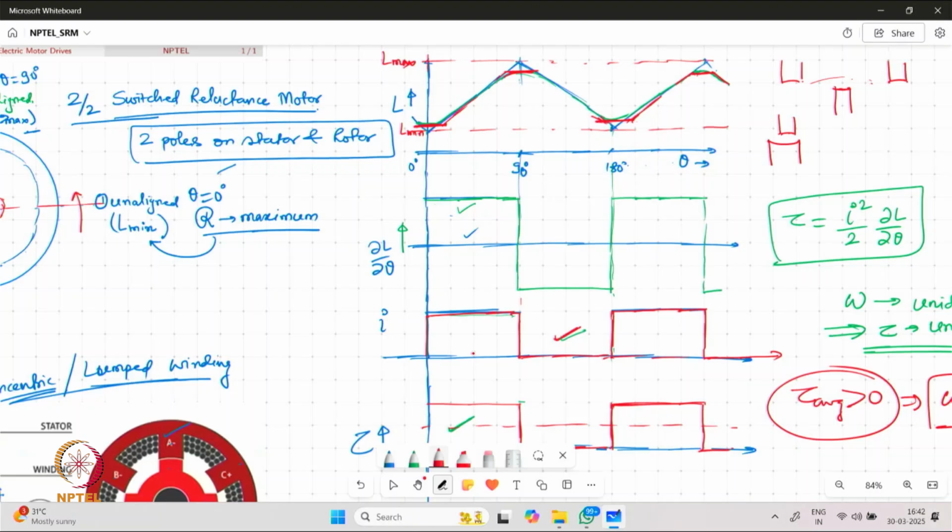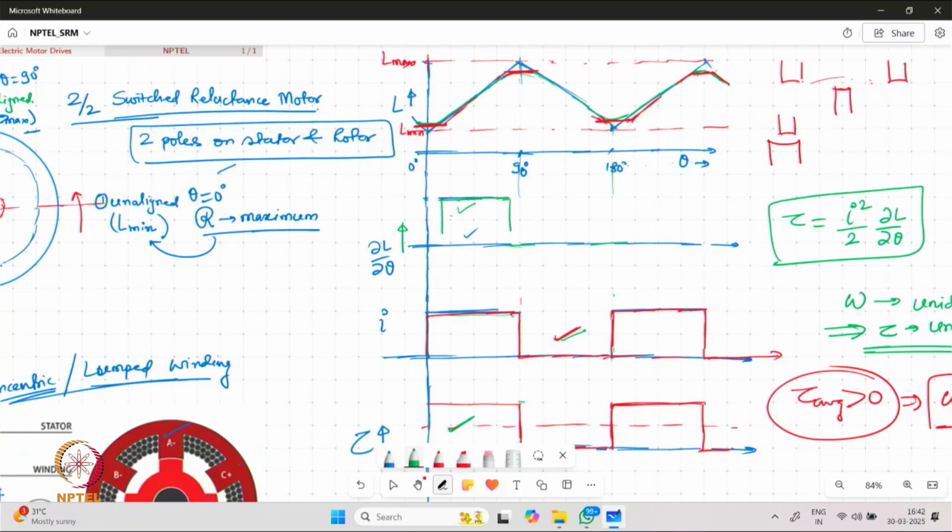So on account of all these constructional features, instead of a square wave for dL/dθ, we may end up getting a quasi square wave for dL/dθ.